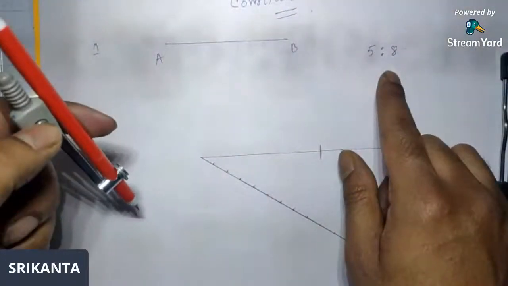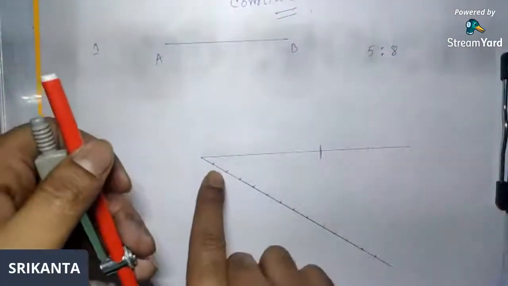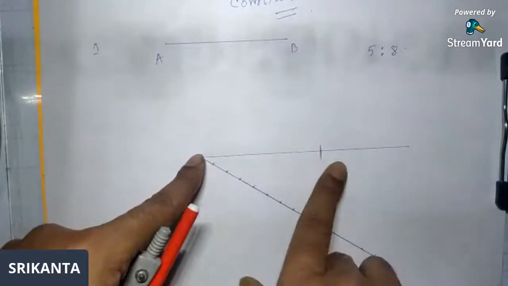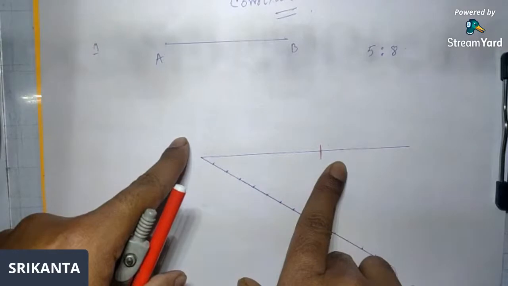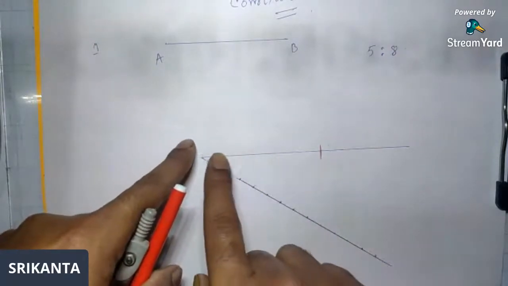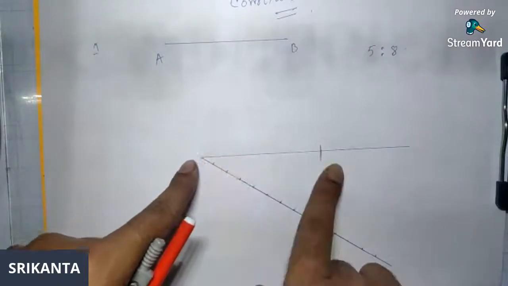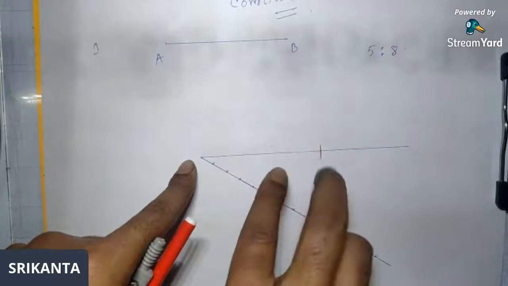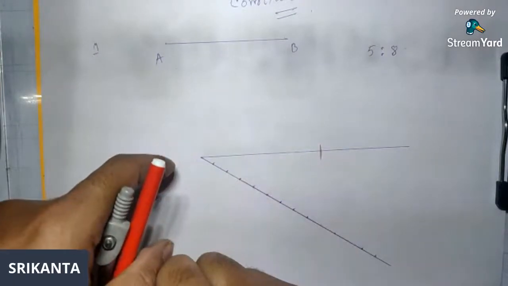5 is to 8. So actually, in this portion, we have to divide this line AB in 5 is to 8. Actually, this portion is bigger. Clear?